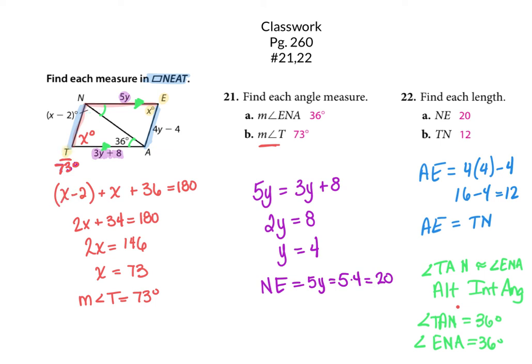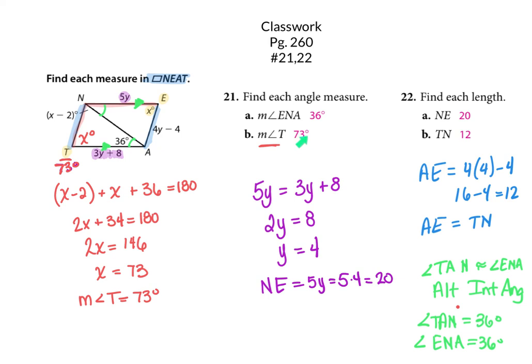So X minus 2, plus my X, because it is congruent, plus the 36 should equal 180. I add my X's, 2X, and my negative 2 and 36, 34. Subtract to get 146, divide by 2, X is 73. If X is 73, that means angle T is 73, which is how I got this one.